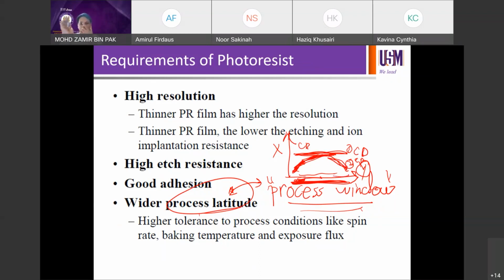On the other hand, for process number 1, you have the privilege of having fluctuation without affecting the CD. The CD remains fixed. So in this case, process number 1 has the wider process latitude or wider process window. It can tolerate some error, there is a margin. Because when you have process equipment, there will be fluctuation.